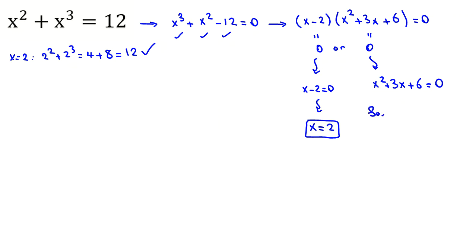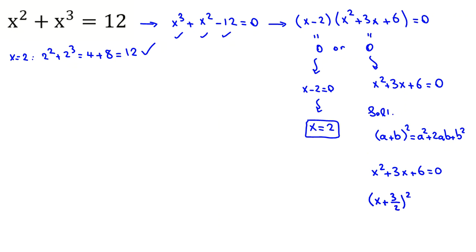The first solution for this part uses an identity. It's so much useful. (a plus b) squared is a squared plus 2ab plus b squared. Because I want to reach something like this, I have x squared plus 3x plus 6 equal to 0. Now, if I want to use this, I can say (x plus 3 over 2) squared.